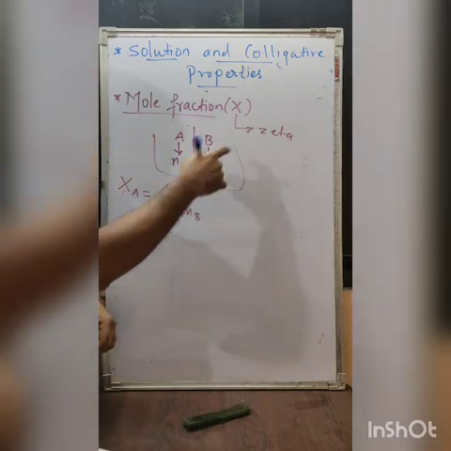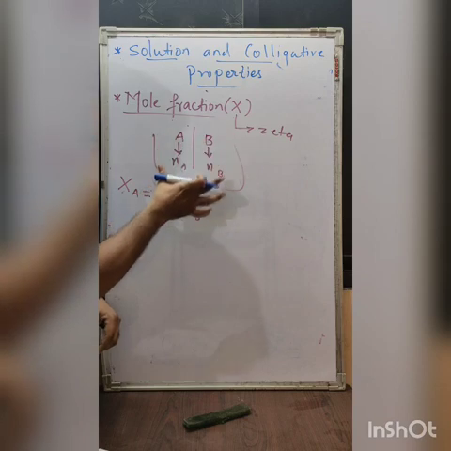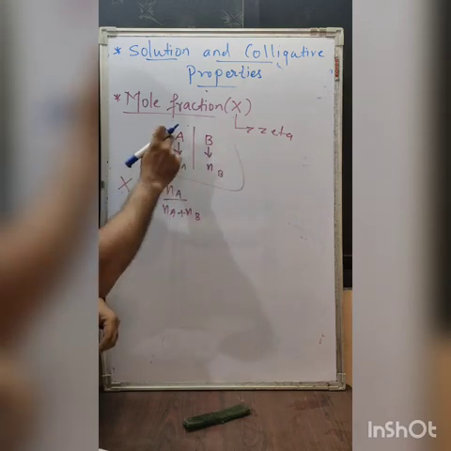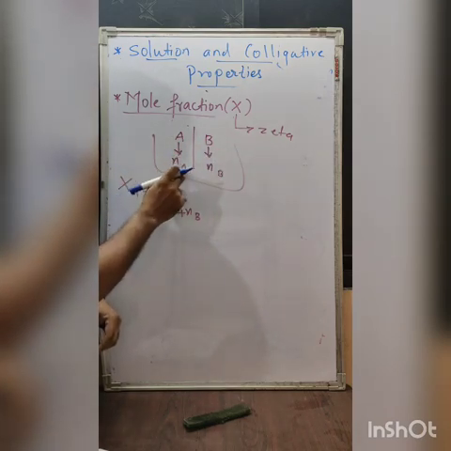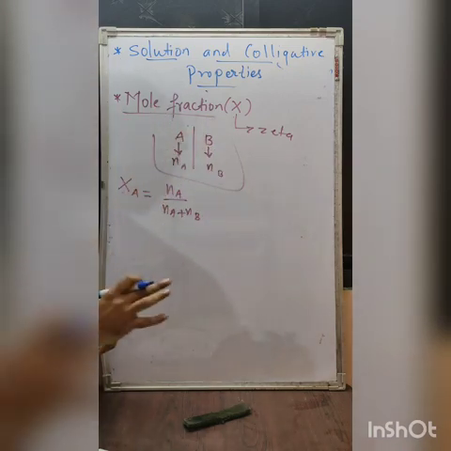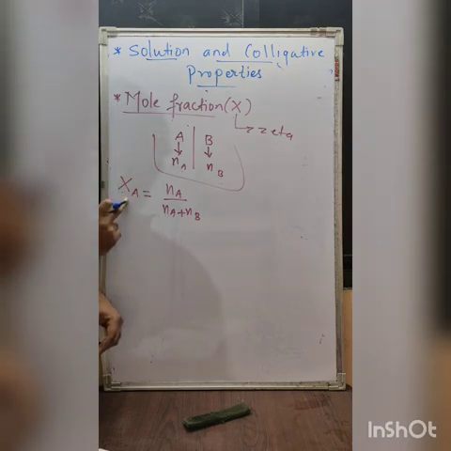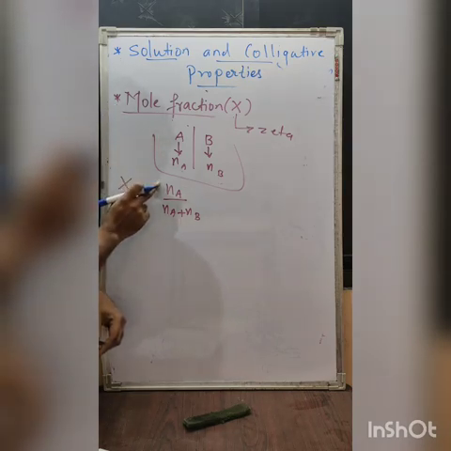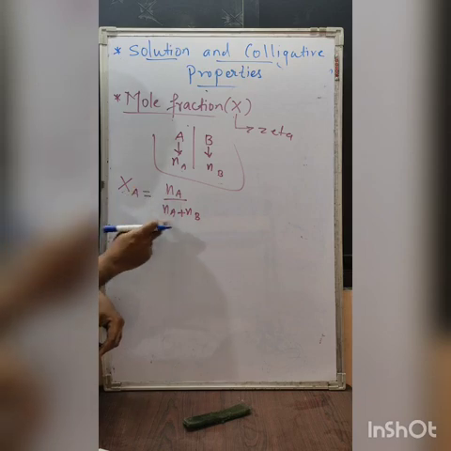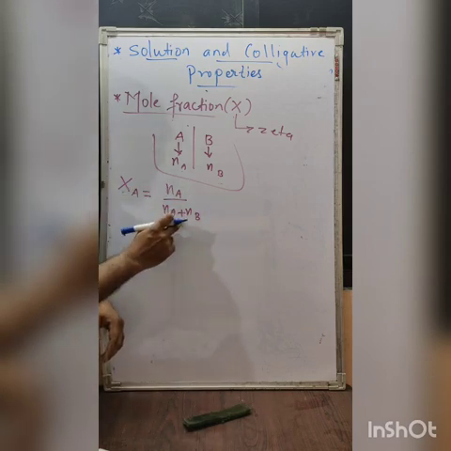Because I prepared the solution in a container, I have taken A and B, two components mixed together to form a solution. A has Na number of moles and B component has Nb number of moles. So mole fraction is defined as the number of moles of that component to the total number of moles. So XA is equal to Na upon Na plus Nb.